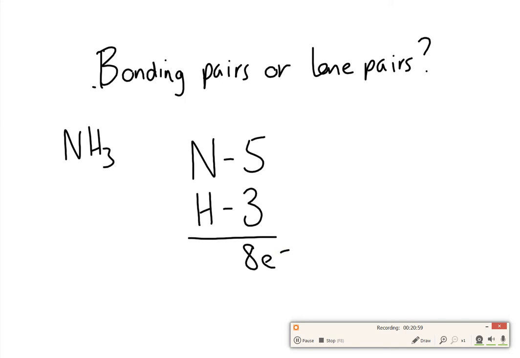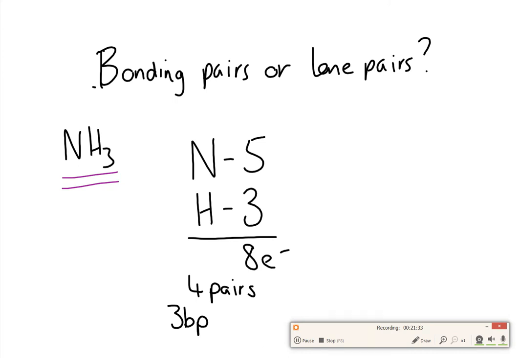Right, so that must mean that if we've got 8 electrons in total, we have 4 pairs. Now this is when we have a look at the ammonia, because the nitrogen has only got 3 hydrogens around it. So that means that there is only 3 bonding pairs, okay? 1 for each nitrogen-hydrogen bond. So there's only 3 bonding pairs. But there's 4 pairs in total. We've just worked it out. We've worked out that there's 4 pairs in total.